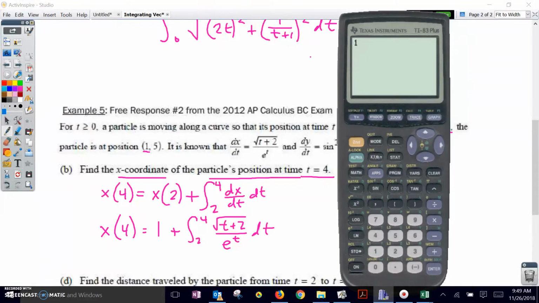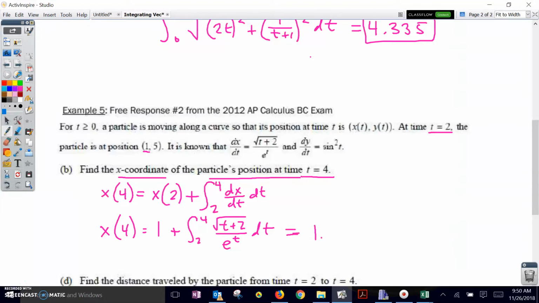I've got 1 plus the numerical integral, because again, this is a calculator problem, and so we want to use these numerical derivative and integral functions when we're on a calculator section, instead of trying to take the integral or derivative by hand. And we get 1.253 for the x-coordinate of the position at time 4.